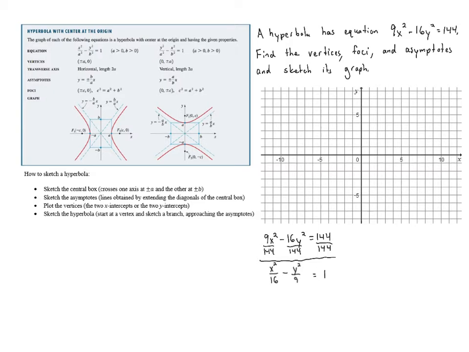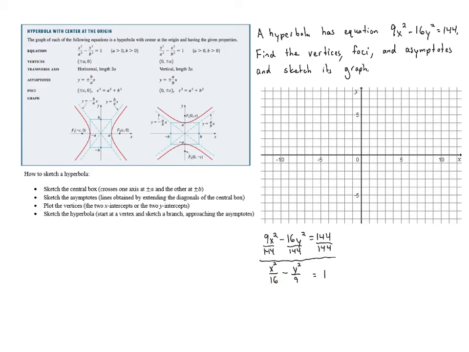So in standard form, we've got x squared over 16 minus y squared over 9 equals 1. Now we know that this will be a hyperbola where the branches are opening horizontally to the left and right because it's the x squared term that's positive.